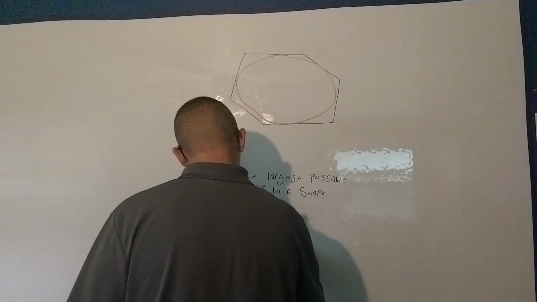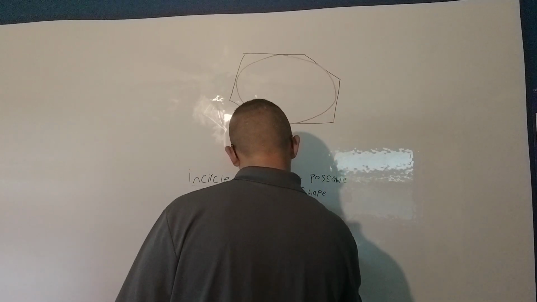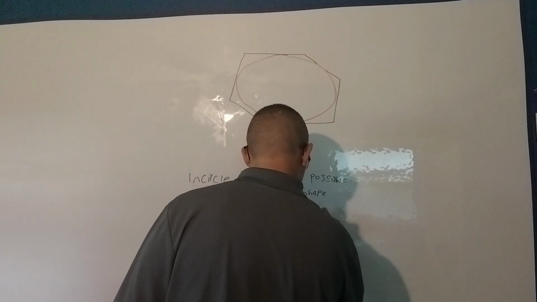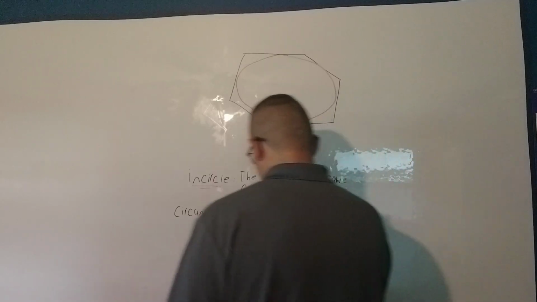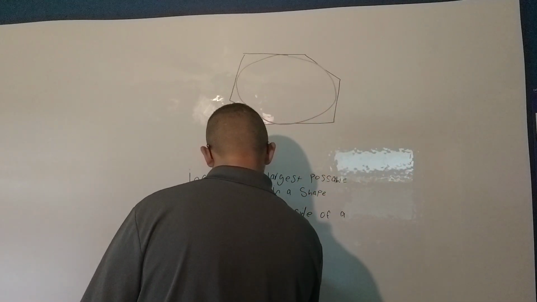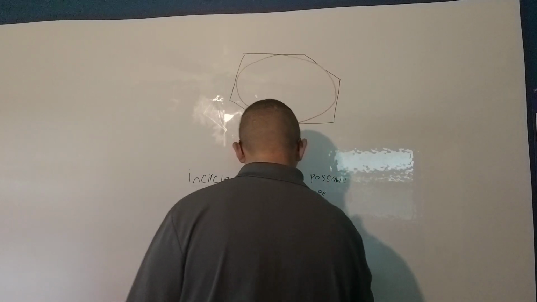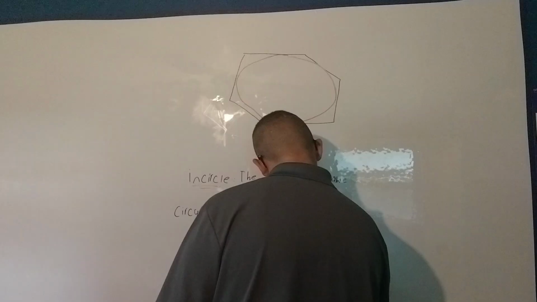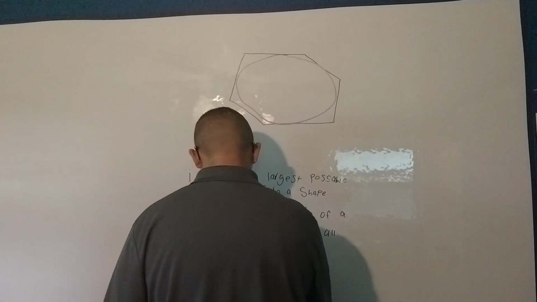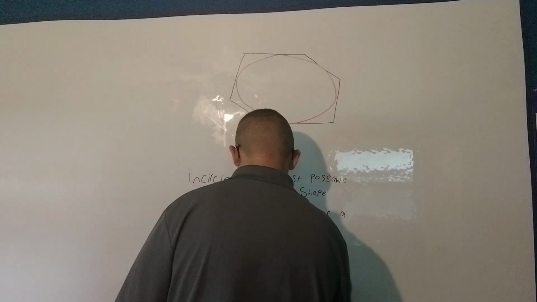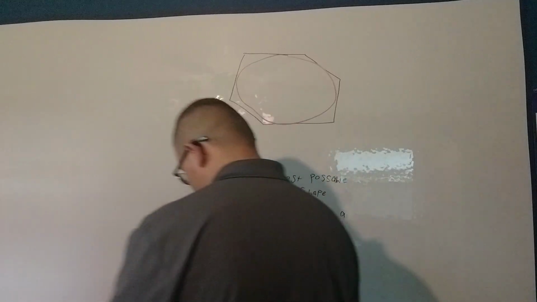A circle outside of a shape that contacts all of the vertices.